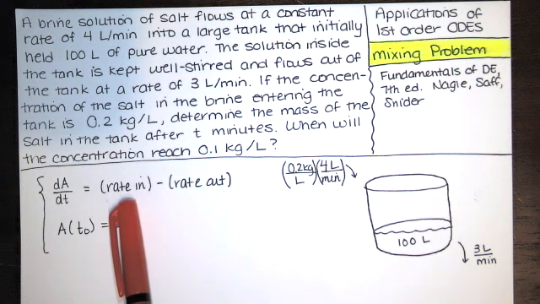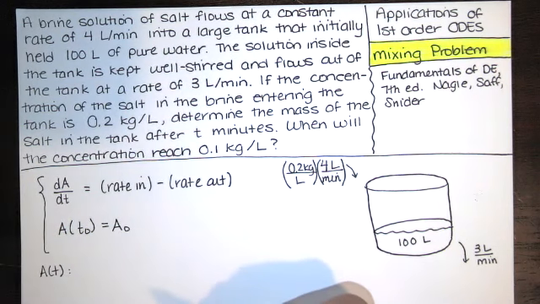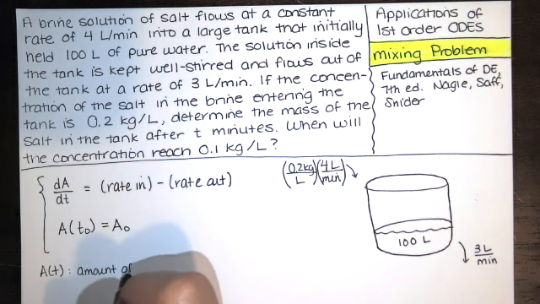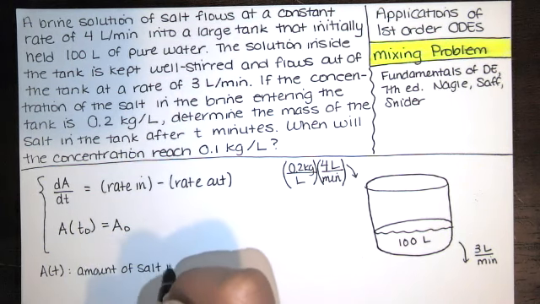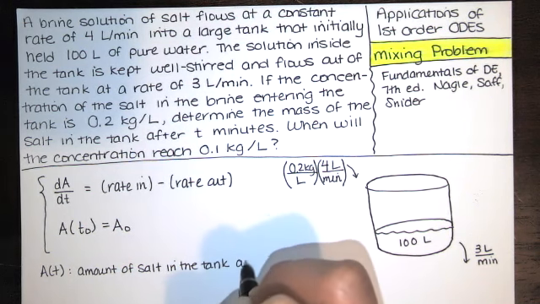And now we just need to find the rate in and the rate out and the initial condition. And I guess I should do one more thing before we go on. Let's define the variables as well. We're saying A of t is the amount of salt in the tank at time t.